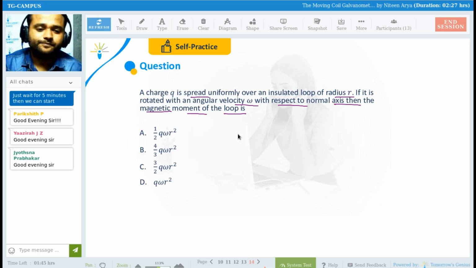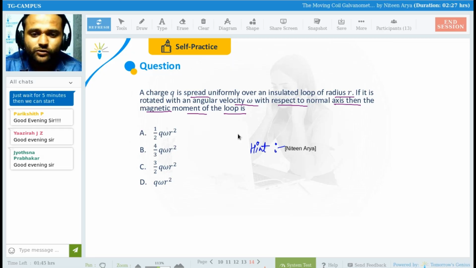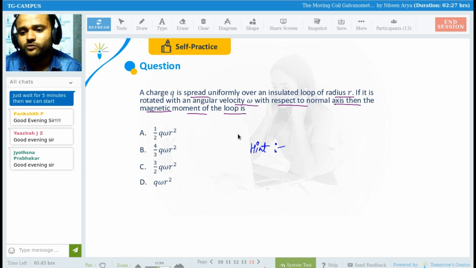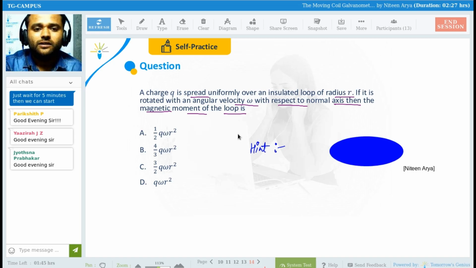Picturization and hint again. Charge Q is spread uniformly over an insulated loop. What is the meaning of an insulated loop? Suppose this is your insulated loop and there is a charge spread on this like this.